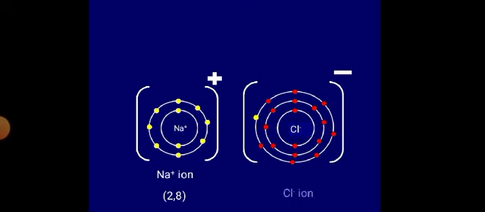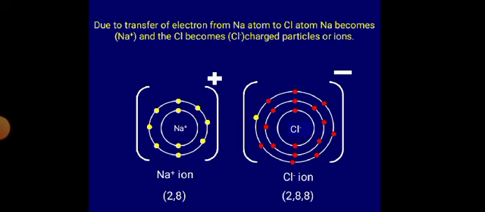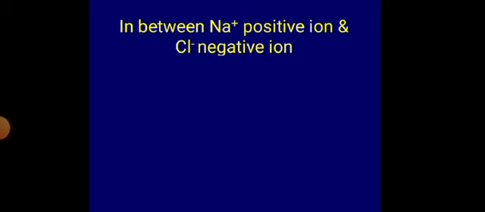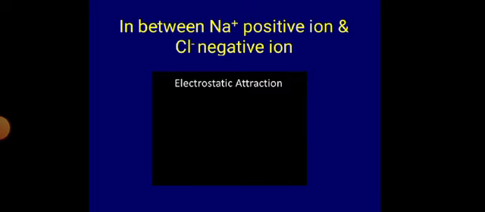Now the configuration of the chloride ion is 2, 8, 8 and that of sodium is 2, 8. There is one positively charged ion and one negatively charged ion due to the transfer of the electron. Between positively and negatively charged ions, there is a force of attraction, an electrostatic force of attraction.